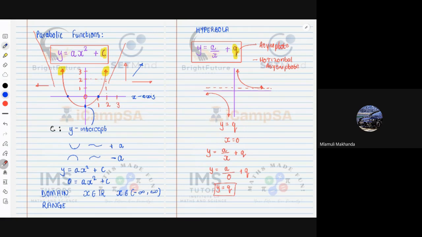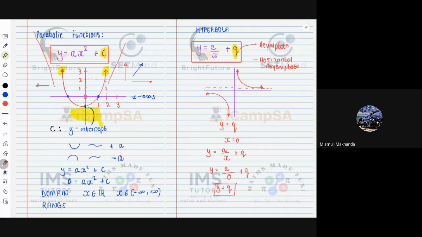So this parabolic function doesn't exist from this y-intercept going down, but it does exist from the y-intercept going up.